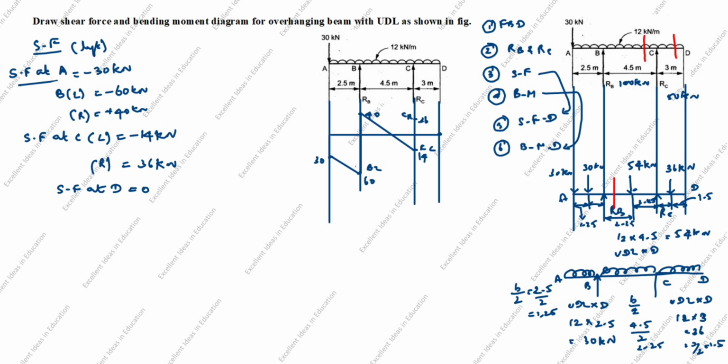Next, it goes up to 36. After that, this is also UDL, so it comes as an inclined line. This is positive. This is also positive. This is negative. This is negative. This is the shear force diagram.